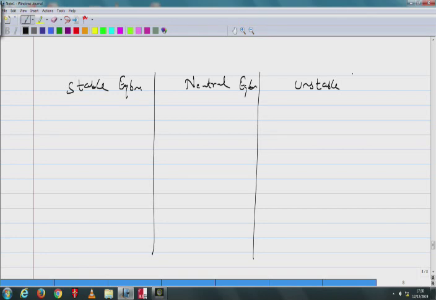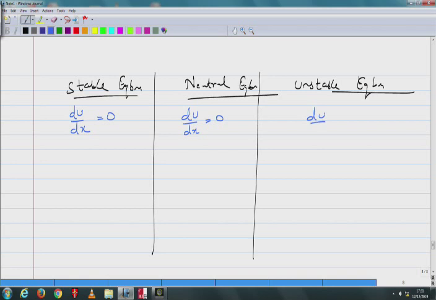I hope you will understand. So dU by dx is 0 in all three different cases.